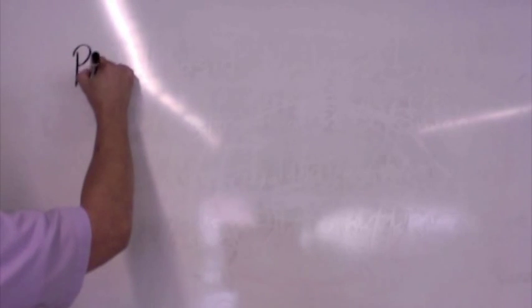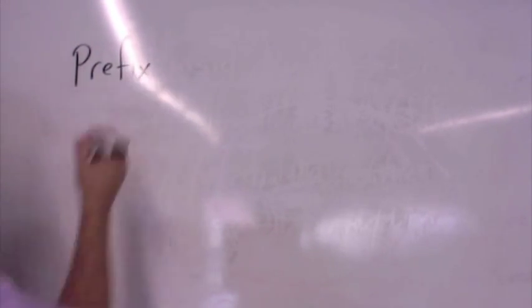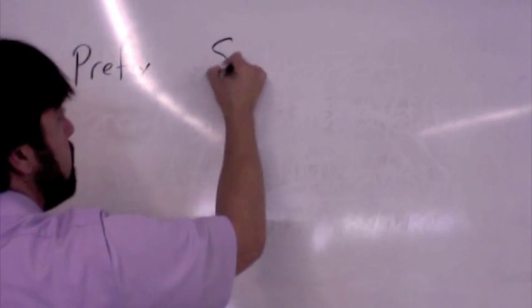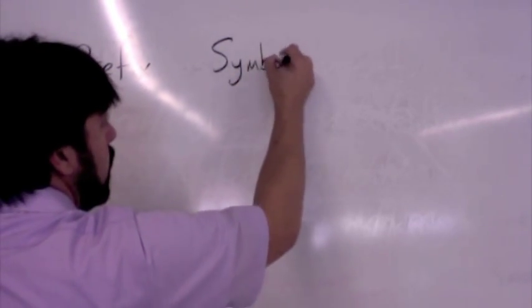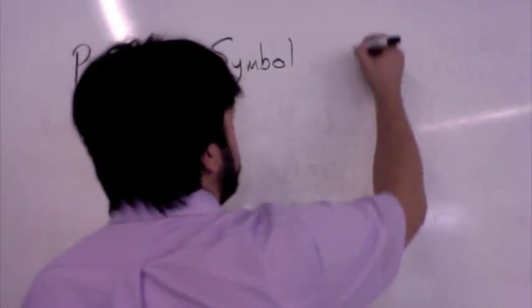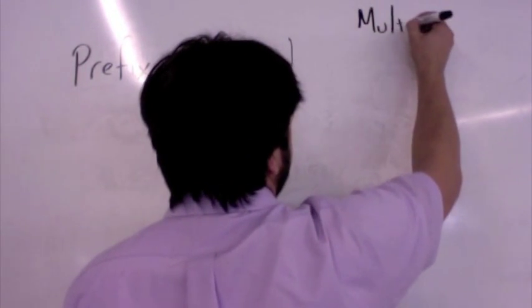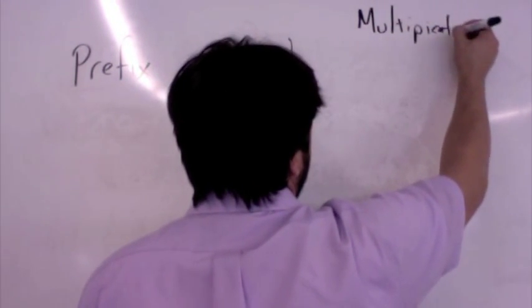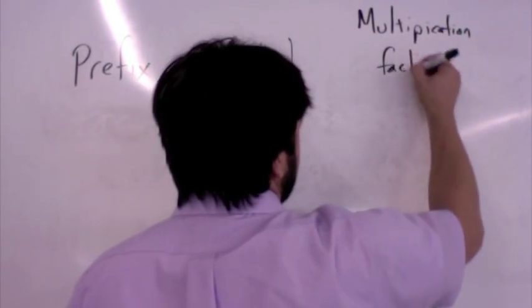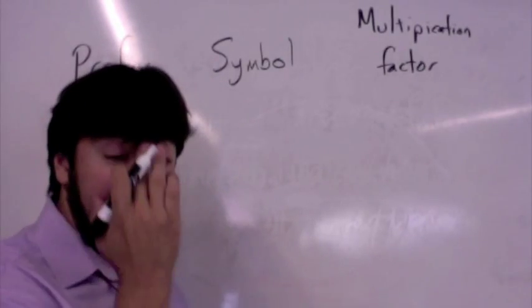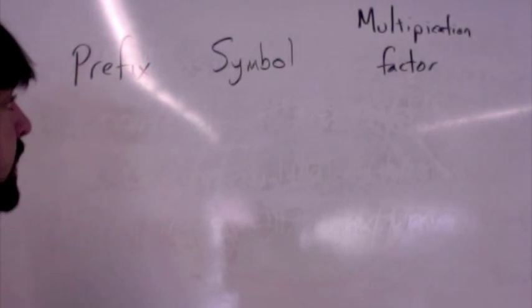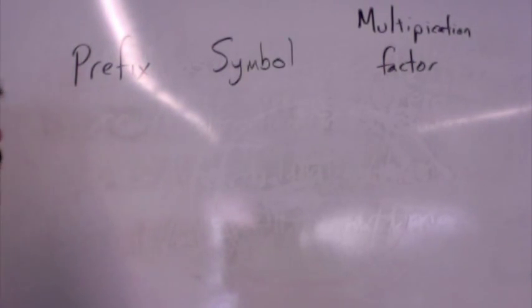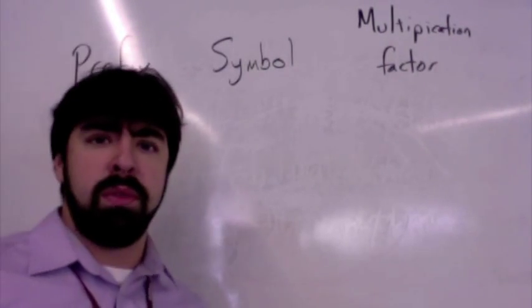Now, if you can, use a ruler to make this table. I'm just going to draw really quickly myself. What we're going to have is 4 columns. We're going to have the prefix itself. We are going to have the symbol, the multiplication factor, and then finally we'll have an example that I'm going to put as a 4th column, but I seem to have run out of space.